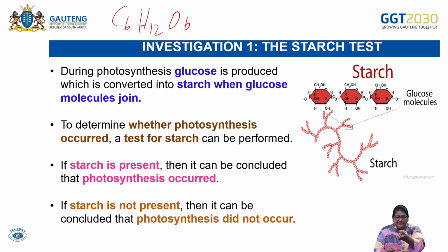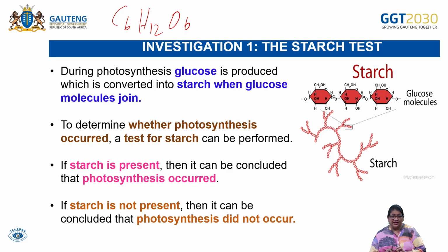They form water, and when that water is removed, all the glucose molecules join to form starch. So these little beads that you see here, this is not a necklace, but a starch grain. A starch grain is made up of millions of glucose molecules joined by a process called dehydration synthesis.